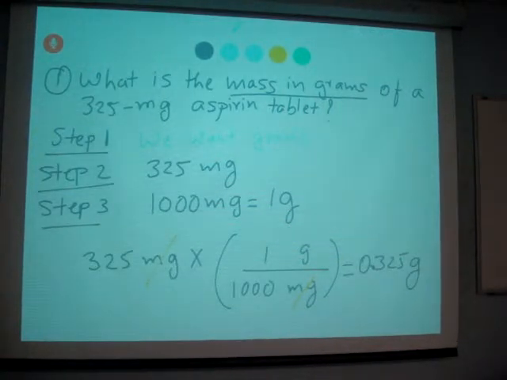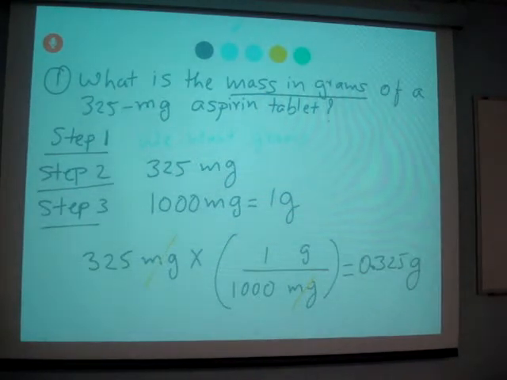The problem is, what is the mass in grams of a 325 milligram aspirin tablet? Here we need step 1, what do we want? Mass in grams. That's the one we want. Step 2, what is given? 325 milligrams.